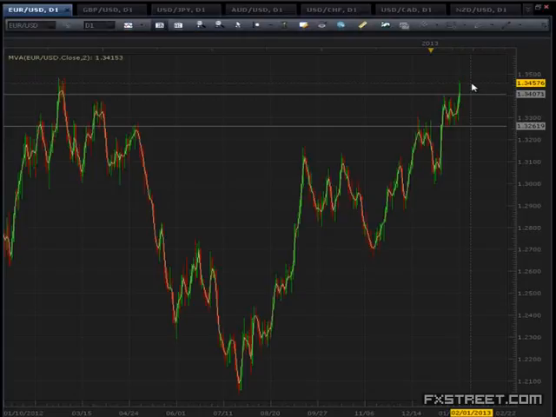But if this area of resistance, the large quarter point $1.35 and the 2012 high at $1.3485, are broken decisively above, not just overshot by a few pips, then that could mean further gains of hundreds of pips for the euro versus the dollar.